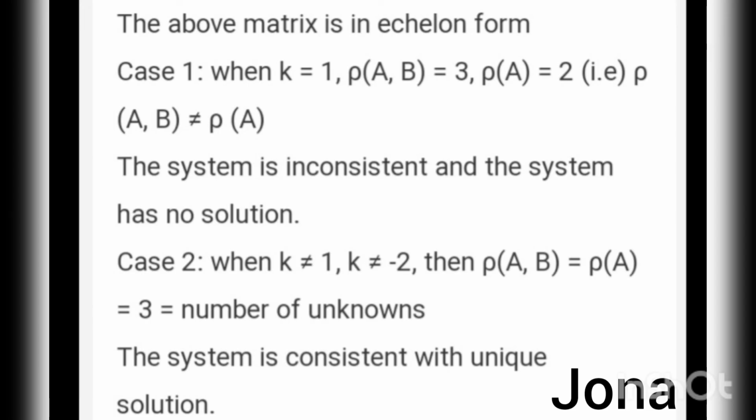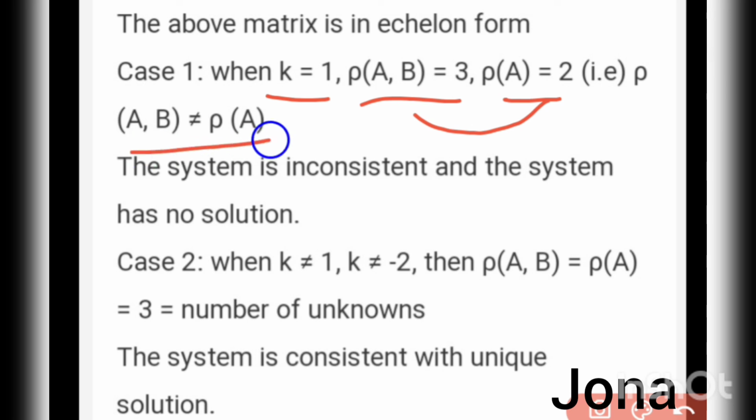Case 1: when k equal to 1, rank of A comma B is 3 and rank of A is 2. That means rank of A comma B and rank of A are not equal. Therefore we can say the system is inconsistent and the system has no solution. The first condition given in the problem is no solution. Okay.